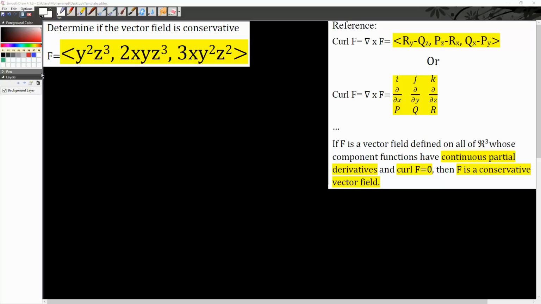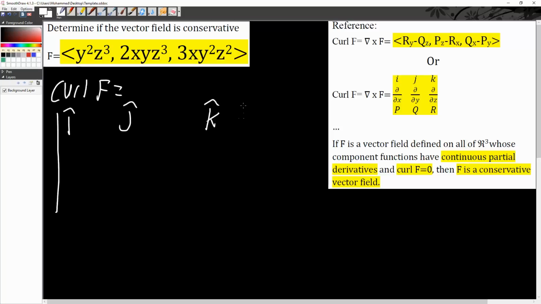So let's get started. We can say curl F is equal to, the first row is going to be I, J, and K. And the next row will be the partial derivative in terms of x, then a partial derivative in terms of y, and then a partial derivative in terms of z.